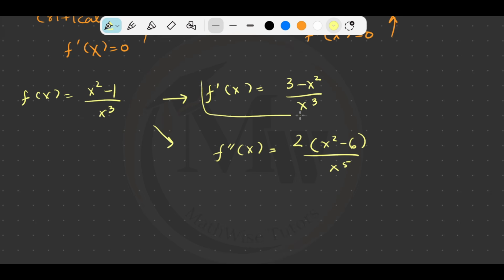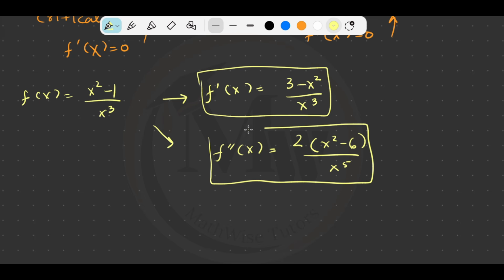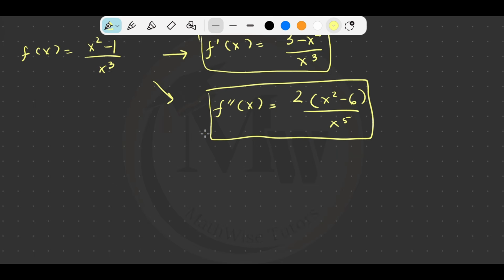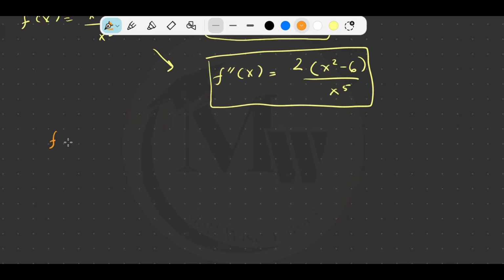Now using these derivatives, we will find the critical points and also the points of inflection. Okay, so let's put the first derivative equal to 0. So when f prime of x equals 0, we have (3 minus x squared) over x cubed equal to 0.